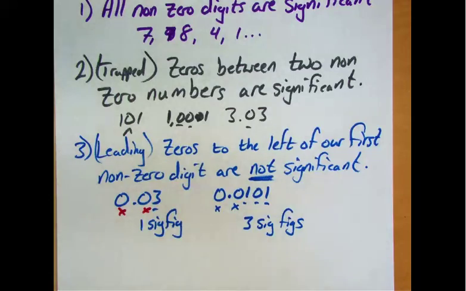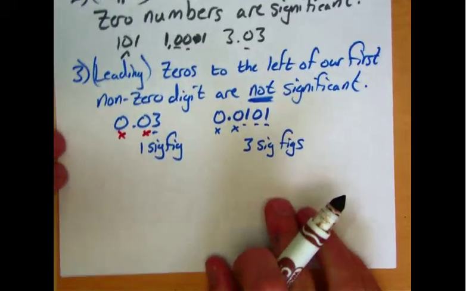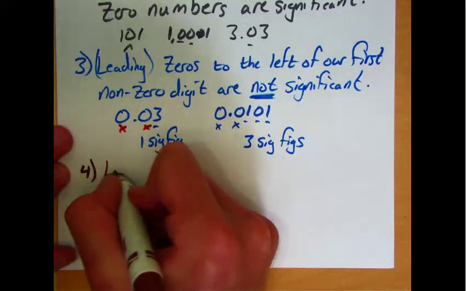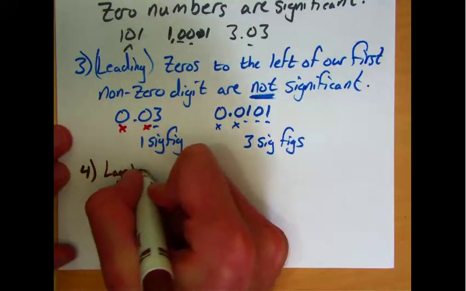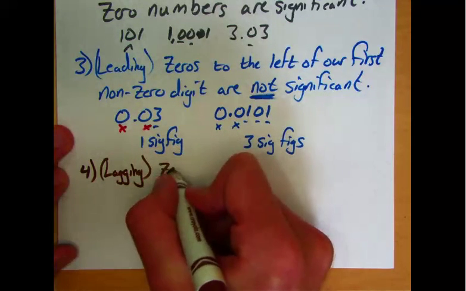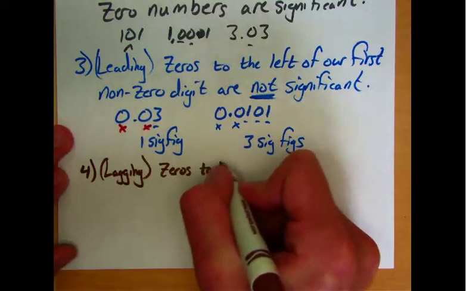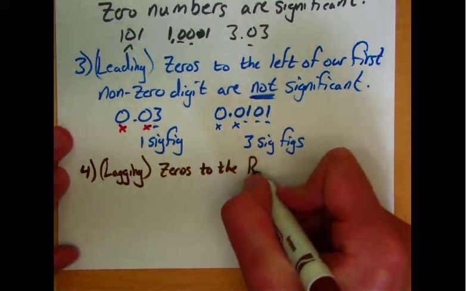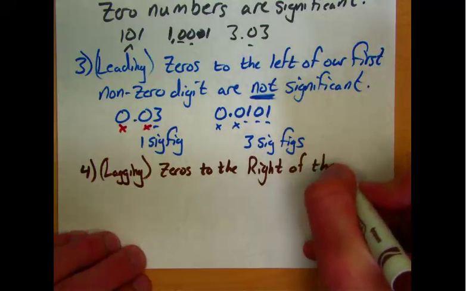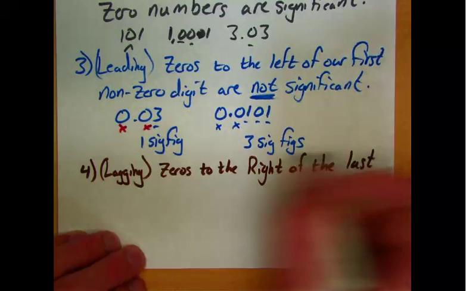Now we need a rule for the zeros after our last digit. So this one's a little bit of a trickier one. So rule number 4, which is for lagging zeros. These are zeros to the right of the last non-zero digit.